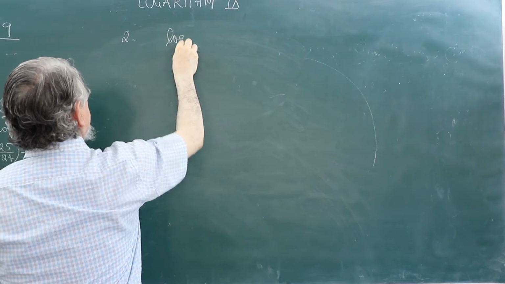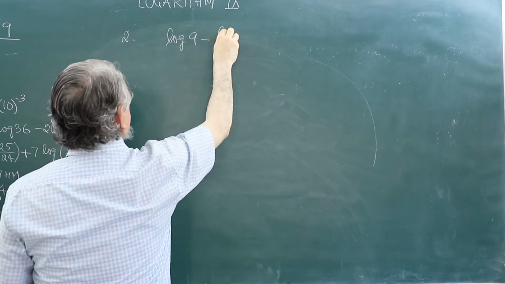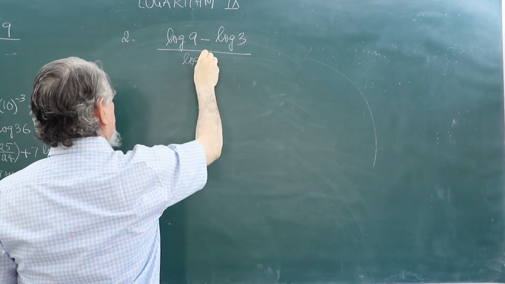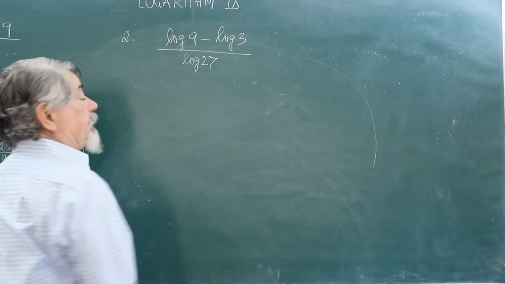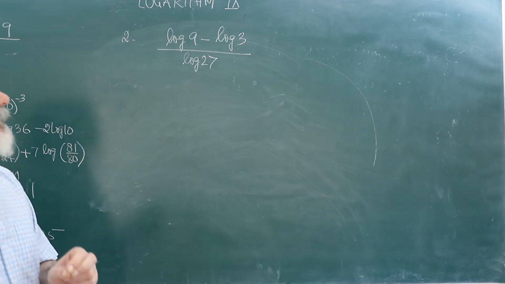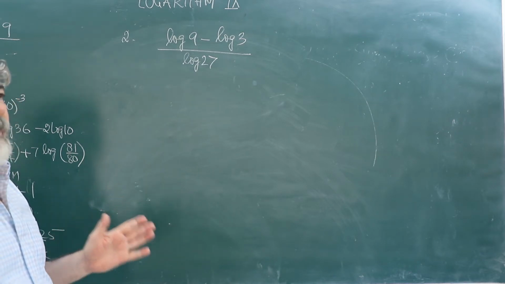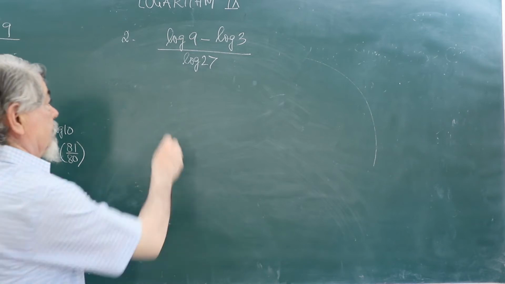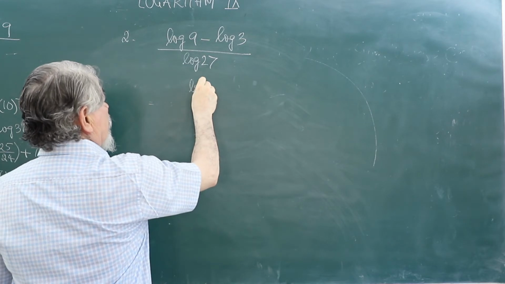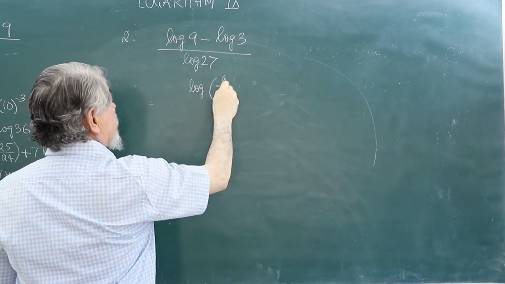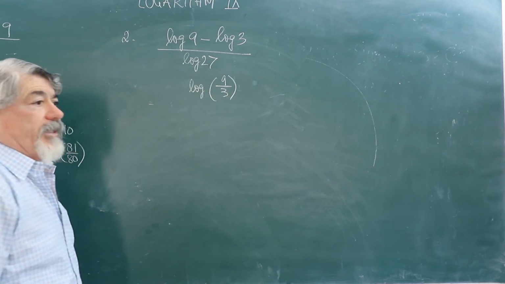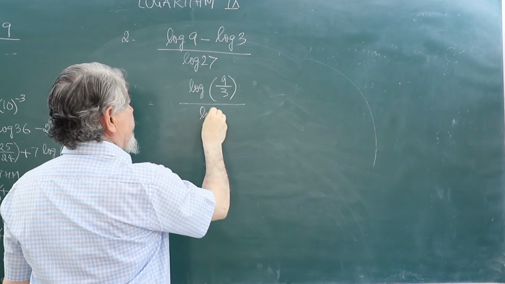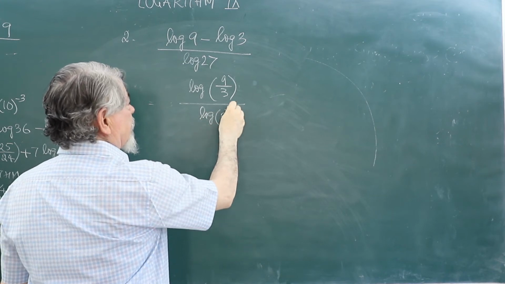It is log 9 minus log 3 upon log 27. Now it is log A minus log B. Log A minus log B can be written as log A upon B. Quotient law. Log 9 upon 3 I can write, upon log 27. 27 is again 3 to the power 3.